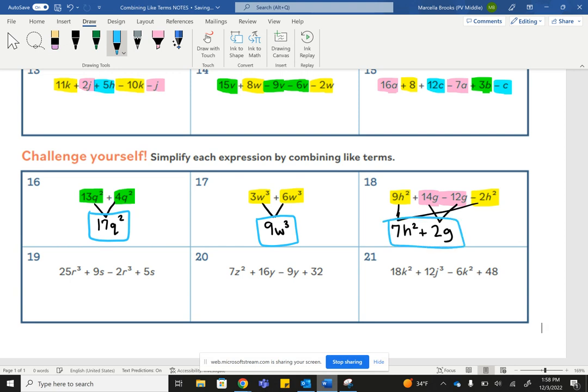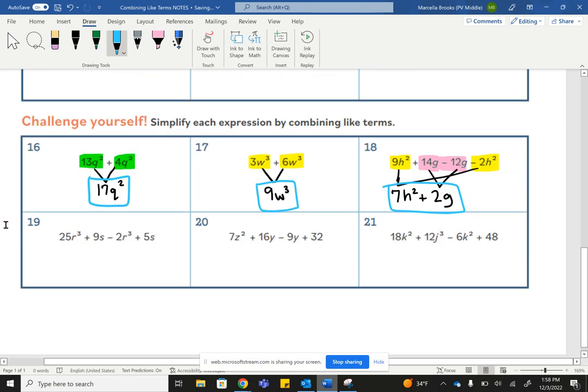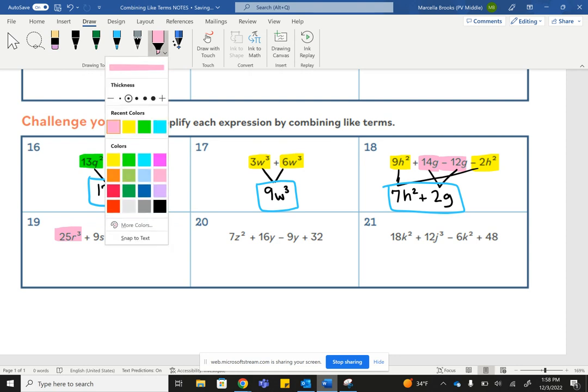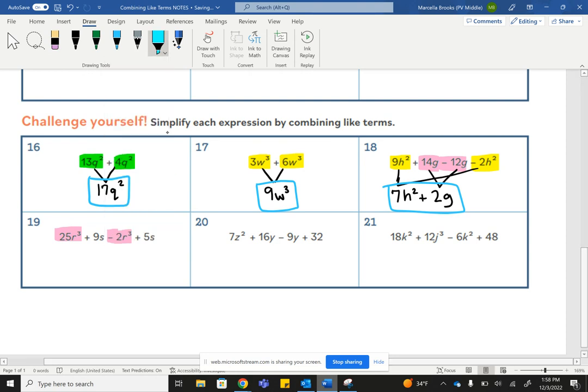All right, number 19. I got 25r cubed and negative 2r cubed. And then I have 9s and 5s. So 25 minus 2 is going to be 23. So 23r, nope, not squared, it's cubed.